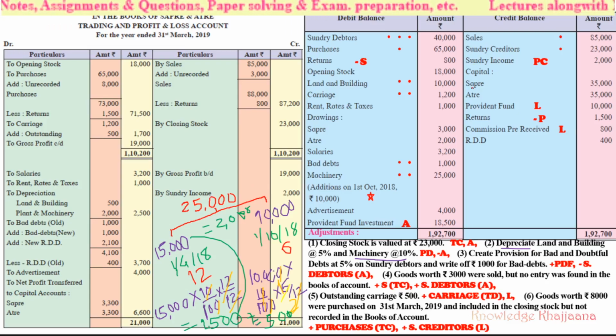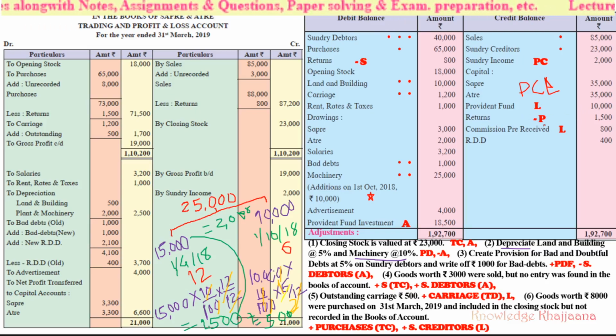Capital of Sapre and Atri will be recorded as partners' capital on the liability side. Provident fund, see this provident fund which is on the credit side, it is a liability. So the provident fund that we have to refund is rupees 10,000, that will go to the liability side.